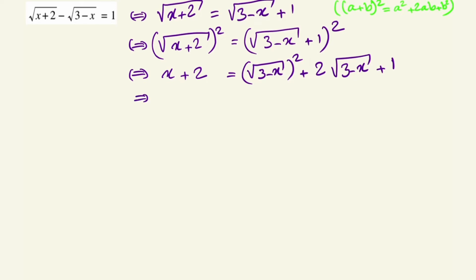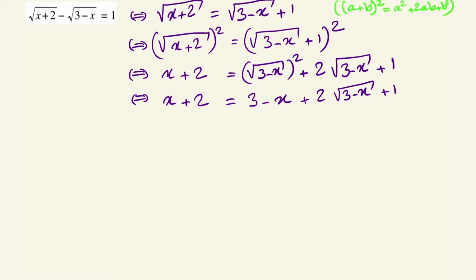So what we're going to have, x plus 2 equal to this here, 2 we cancel with the radical, we're going to have 3 minus x plus 2 square root of 3 minus x plus 1.